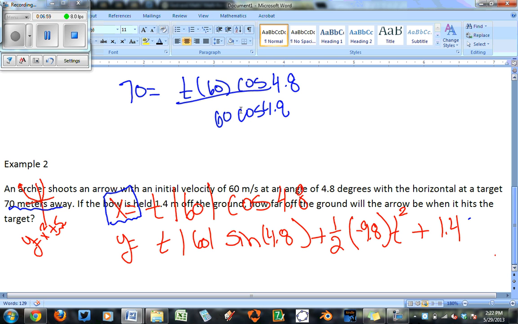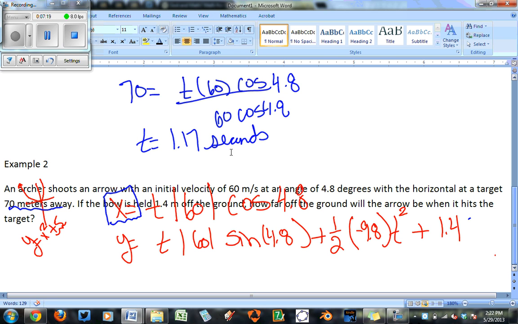Remember, when you divide, if you're doing it all in one step, you need to put parentheses around 60 times cosine of 4.8. Otherwise, it'll just divide 70 by 60 and then multiply by cosine of 4.8. You won't get the right answer. So we end up getting t equals 1.17 seconds.